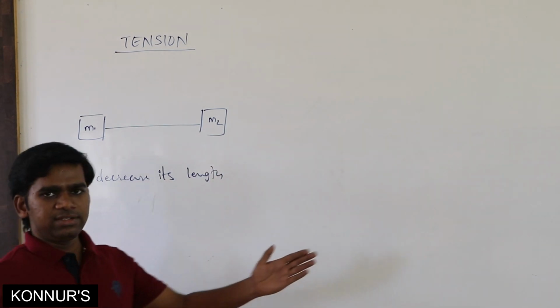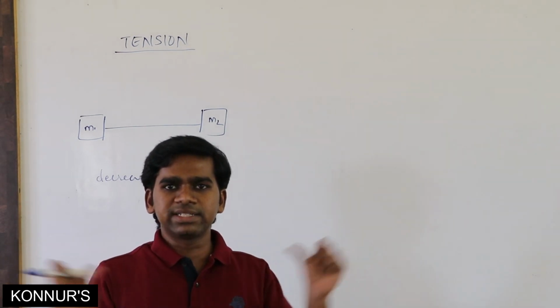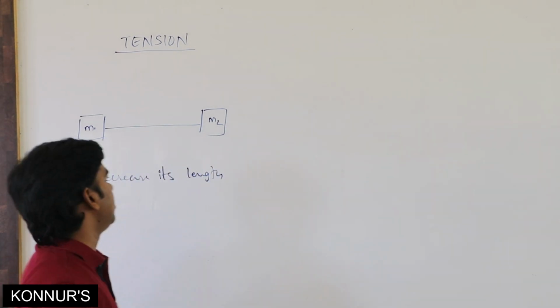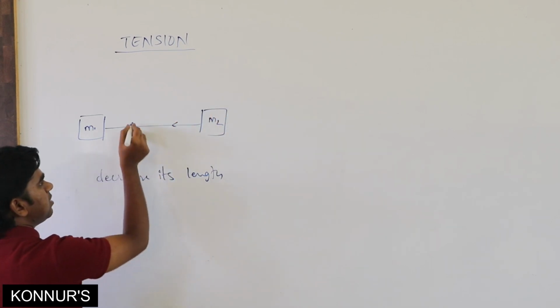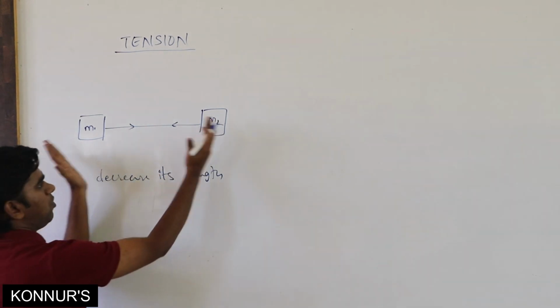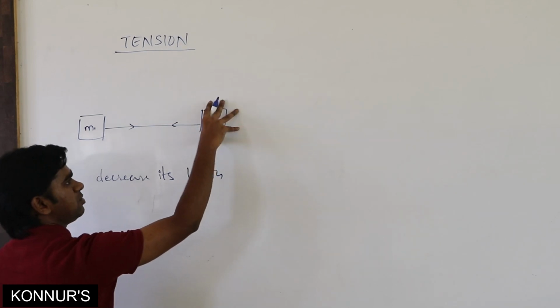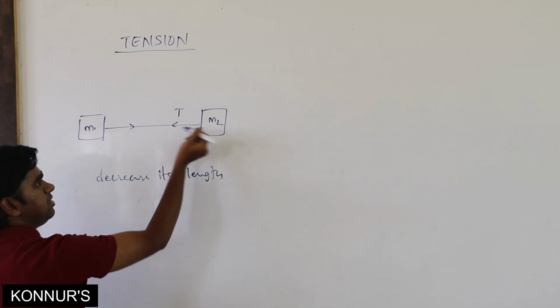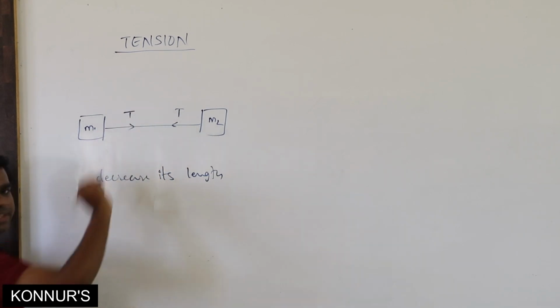If there is a string, its tension direction is always in order to decrease its length, which means towards the center. Looking at this body, the tension direction is here, and here. If you are writing the net force for this body, take tension in this direction.